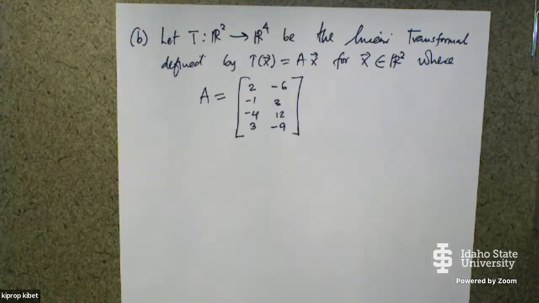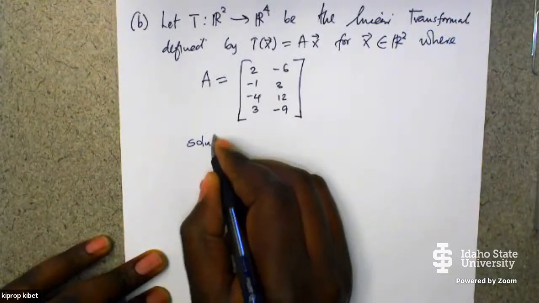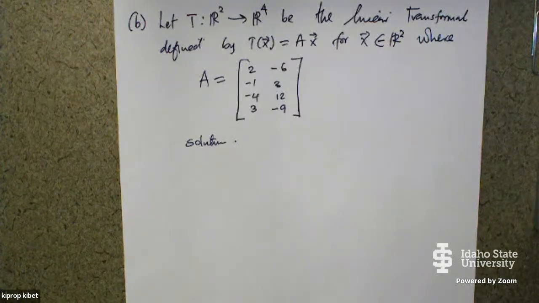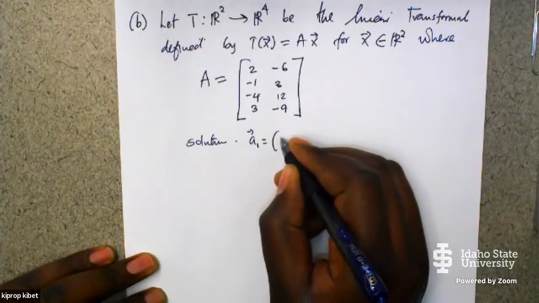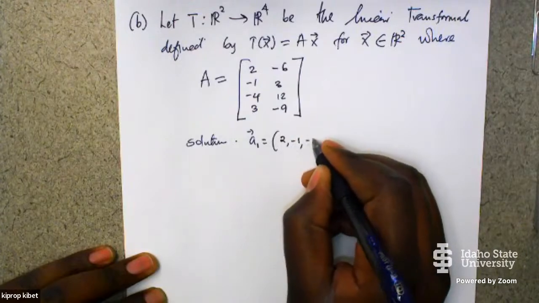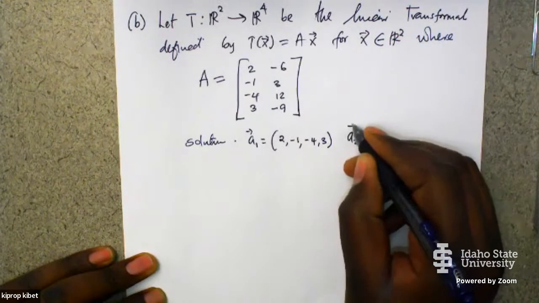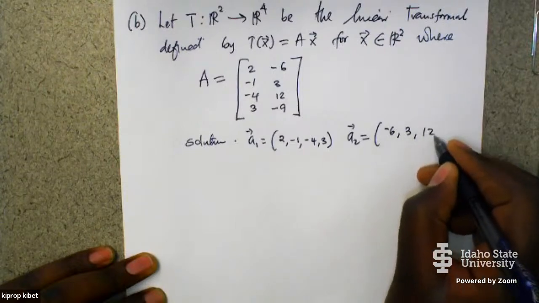So how can we get the first one, which is the image? Let's look at the solution here. We can take the vector A1 to be 2, -1, -4, and 3, and the vector A2 to be -6, 3, 12, and -9.